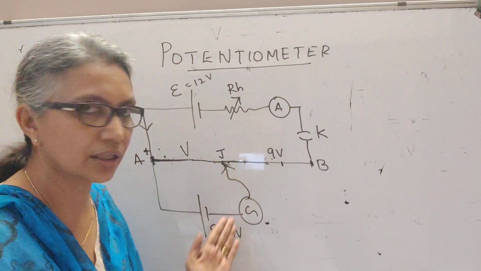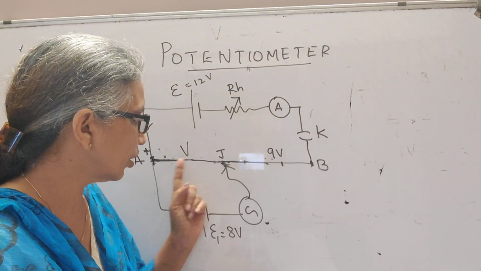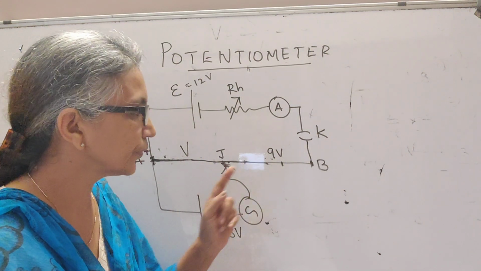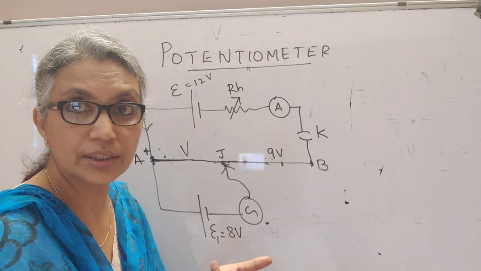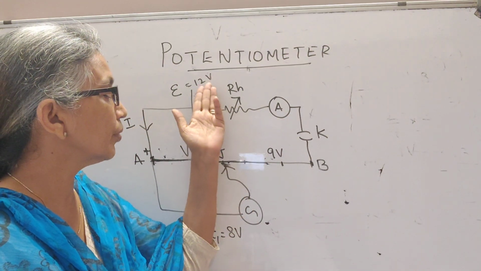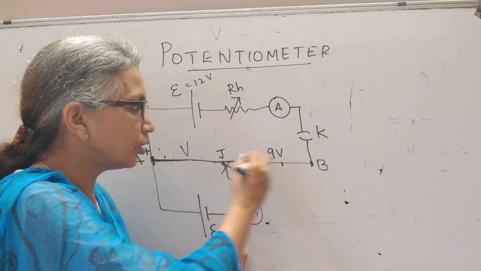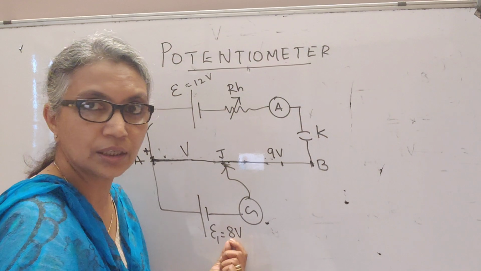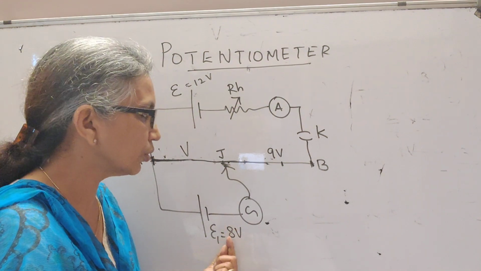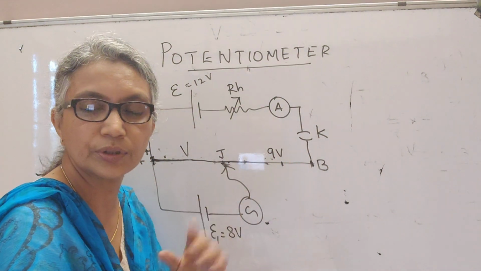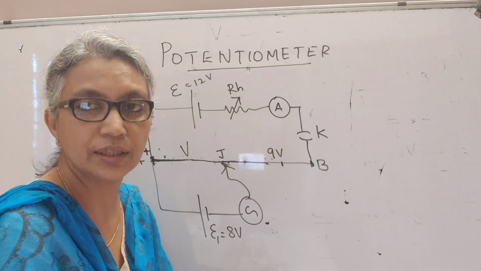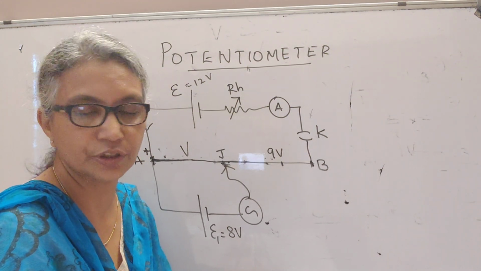It will always carry current, because you are allowing the current to flow in the same direction. Now, the other fault is that your driver cell EMF is less than the EMF of the cell here. So even if you pull to the very end, you are not able to get this much voltage across the wire, and so you will not be able to get the balance length. That is, you won't be able to get the null deflection.